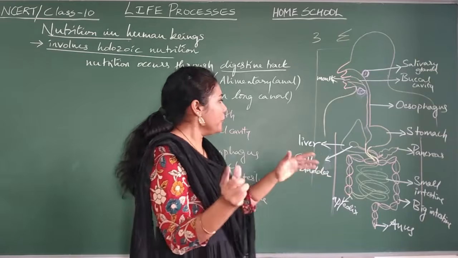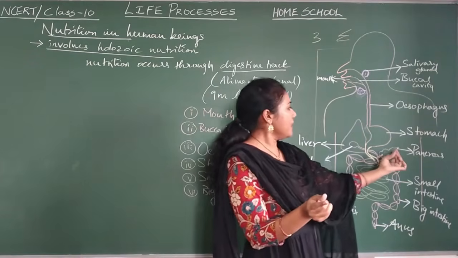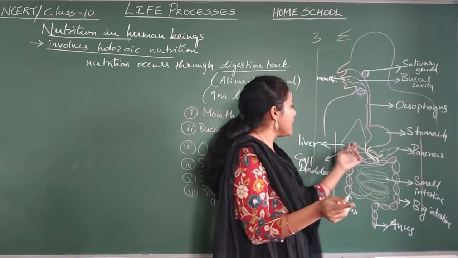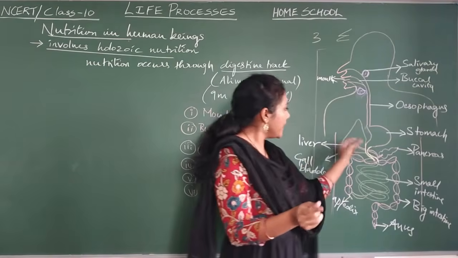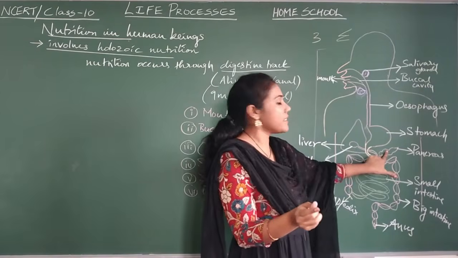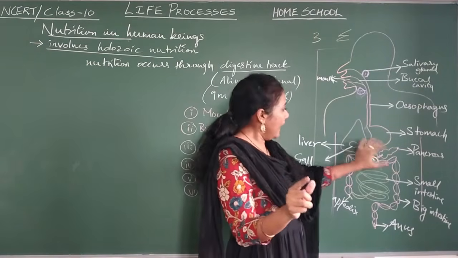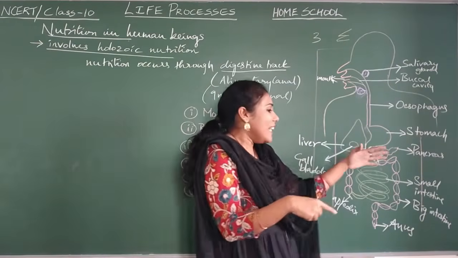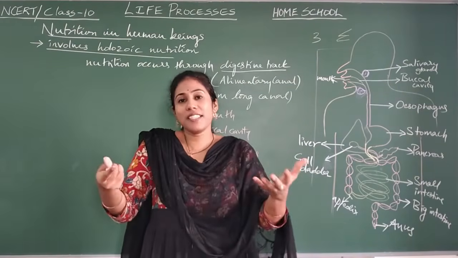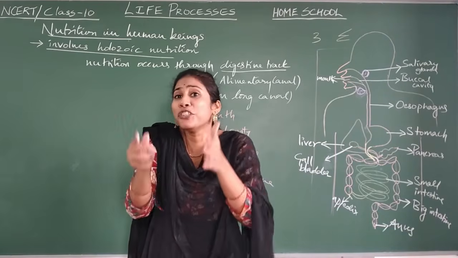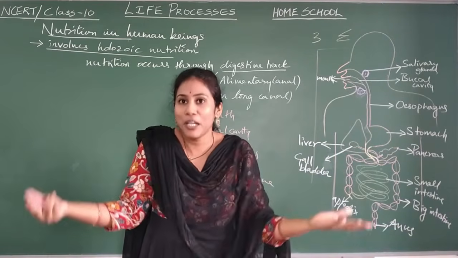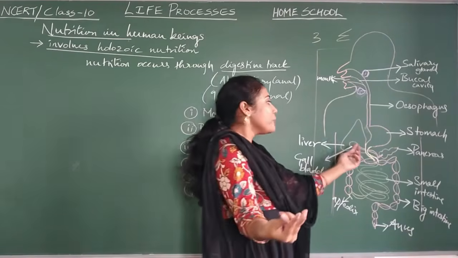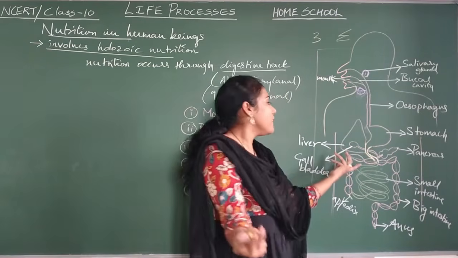And you can ask me, what is the function of the pancreas and what is the function of the liver? See, food is not going into these two organs, but still they help with the digestion of food. They give certain juices which help the food to get broken down into small pieces. That's why we have to mention the pancreas and liver also.